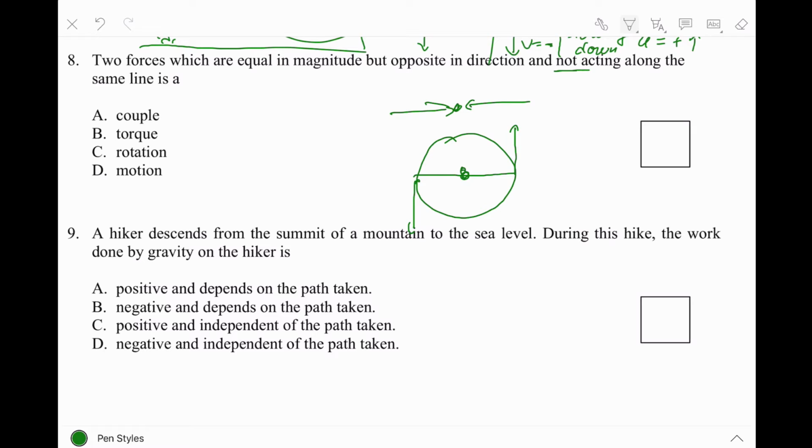They're not acting along the same line, they're acting on different lines. In this case, yes, the magnitudes can cancel, but you produce a turning effect. Therefore, we call this one A, I beg your pardon, A is a couple. You have two forces.